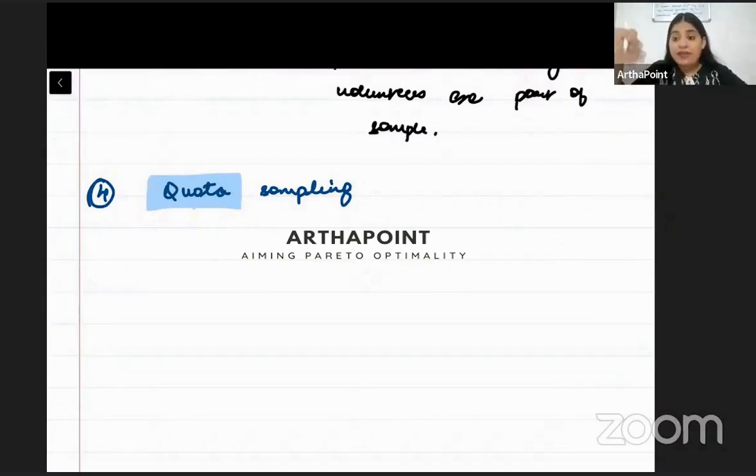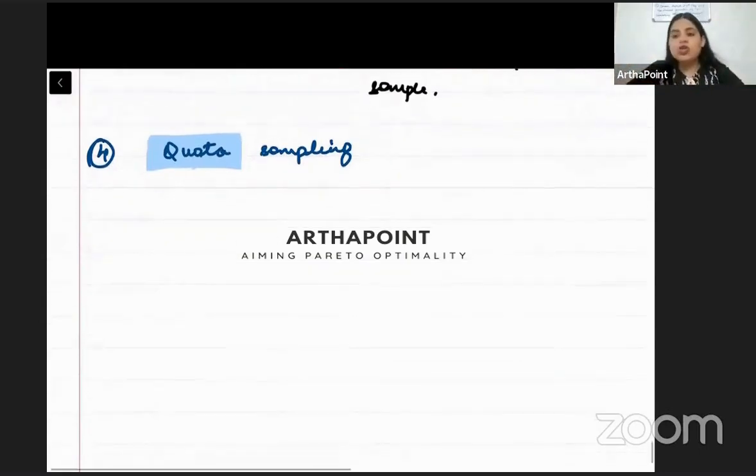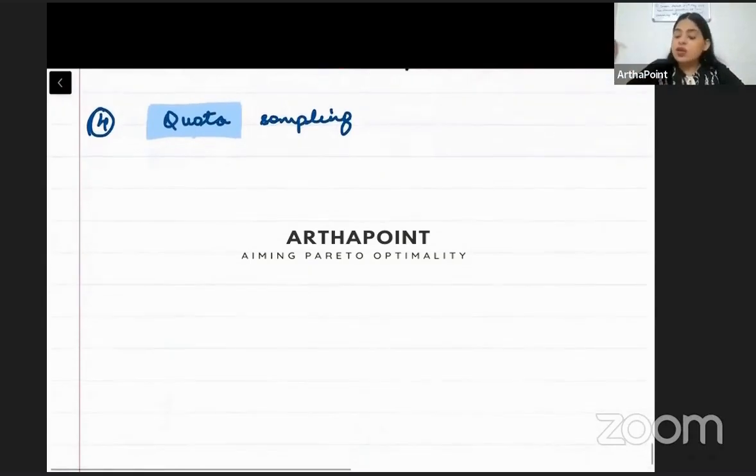So I have a particular group that I want to deal with. And that is the age group of 15 to 20 plus they should be smoking. I have a quota in mind. Quota means I have a particular group in mind and I just want to take a sample of that group, only those people, right?